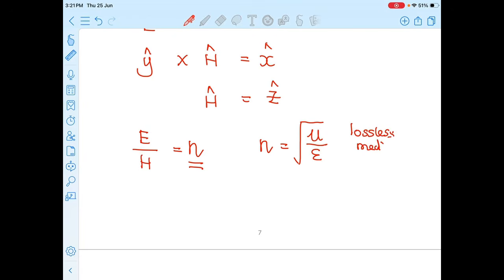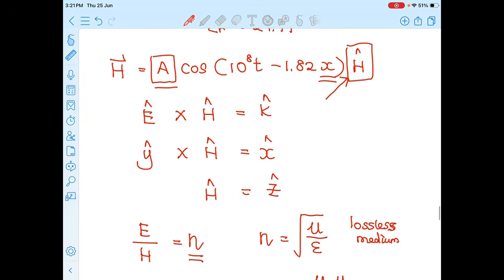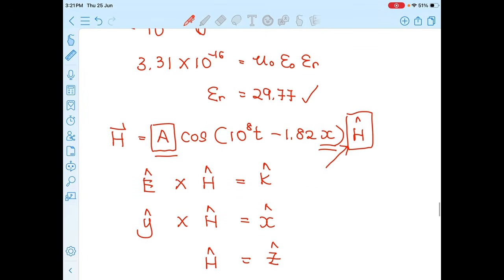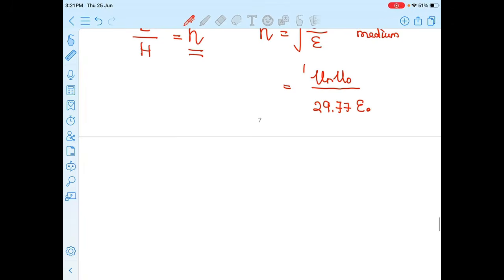We know that our mu r is equal to 1, and this is mu naught, divided by the value of epsilon r that we found just now, 29.77, multiplied by epsilon naught.